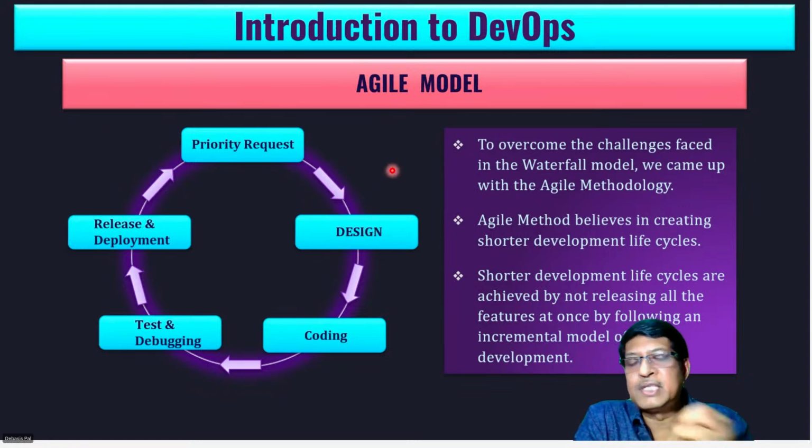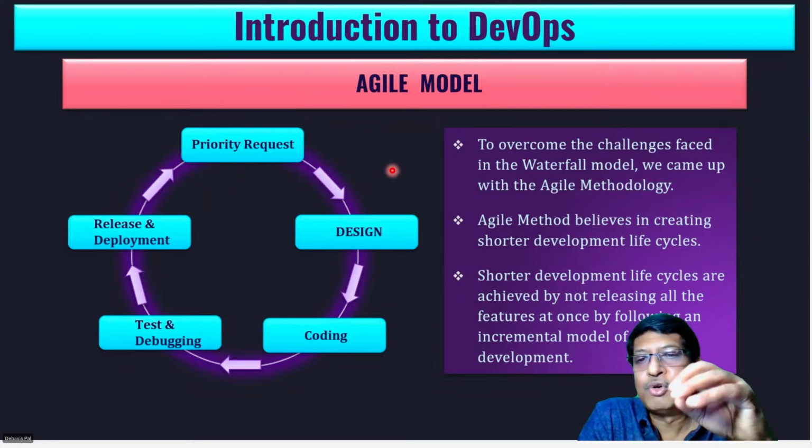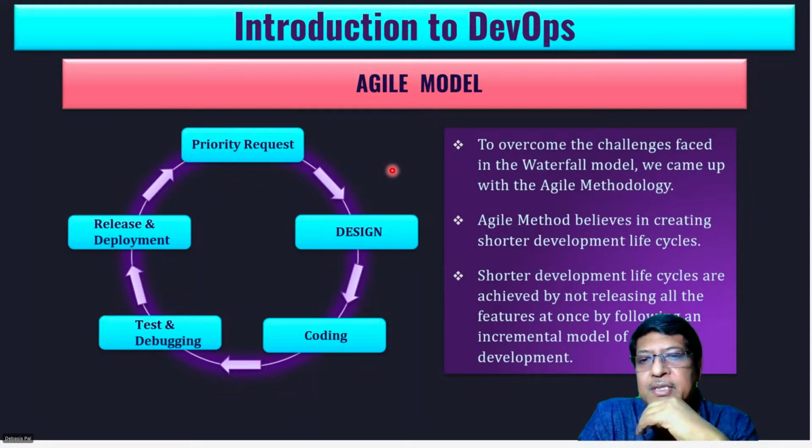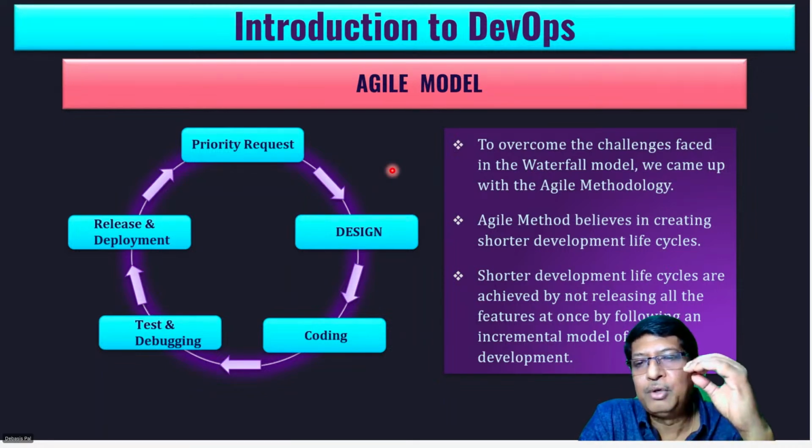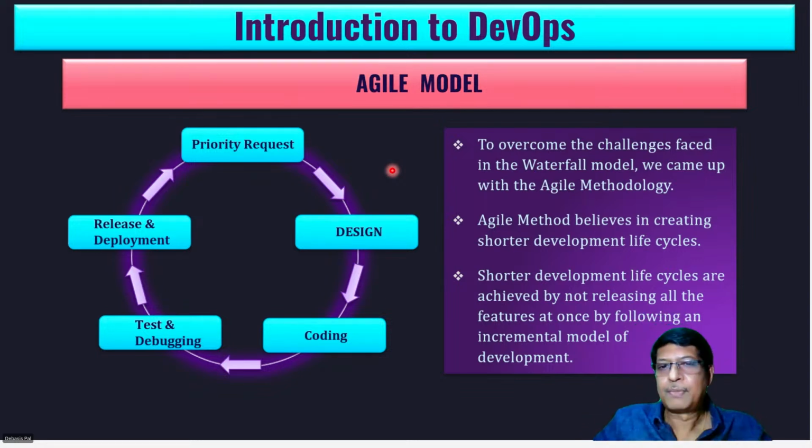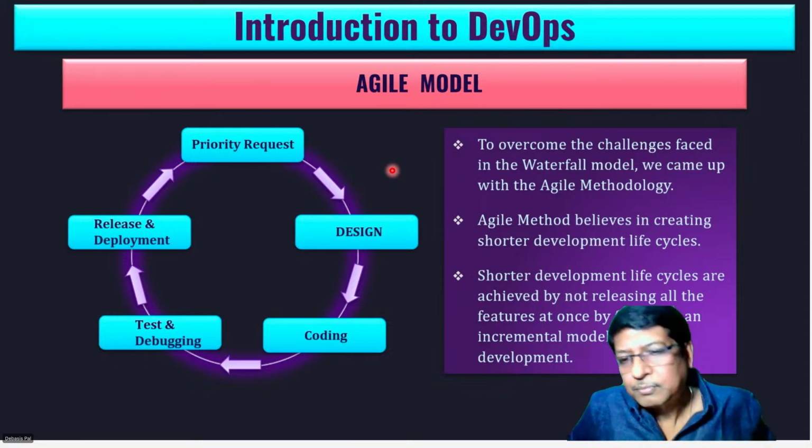There is no ego satisfying of the project manager, because most of the time the waterfall model fails because of the project managers. They think they know everything, but actually they do not. Being a project manager, I can tell you, there are a lot of ego issues with the project manager in a project. That is a bad part.